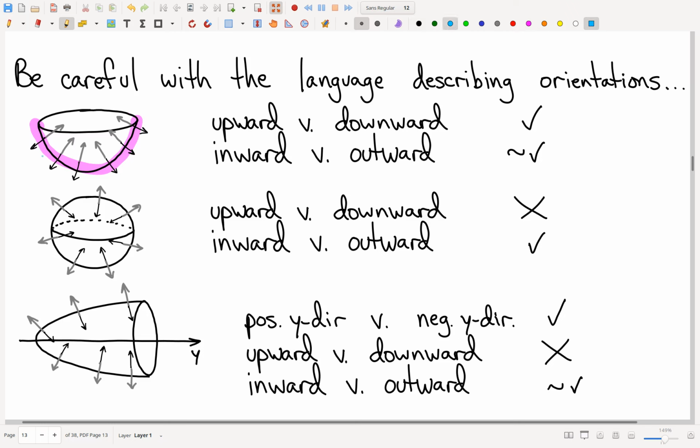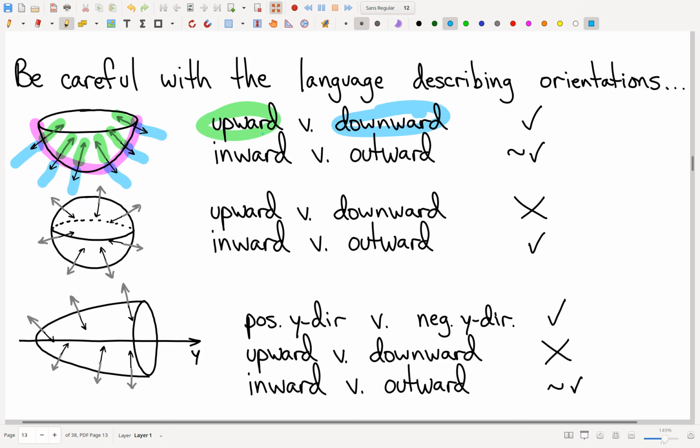Well, I was talking about this orientation like that, where the normal vectors are all kind of, sort of downward-ish. On the other hand, there's also another option. The surface could have been oriented upward. And I think upward versus downward is fantastic language for distinguishing between these two orientations.